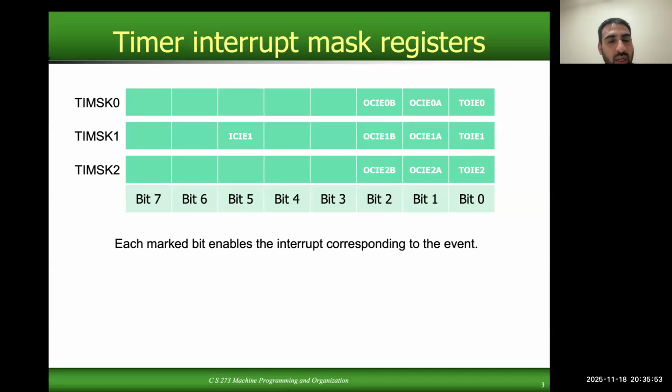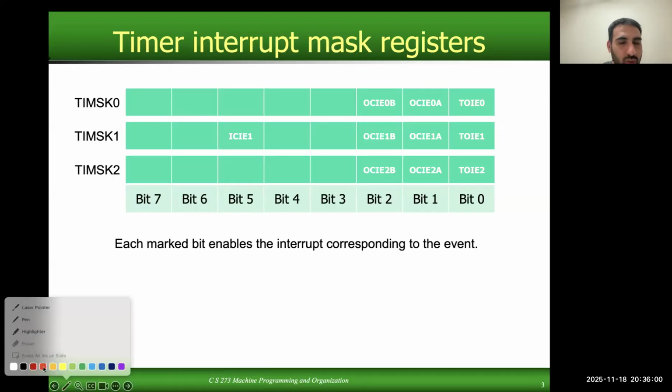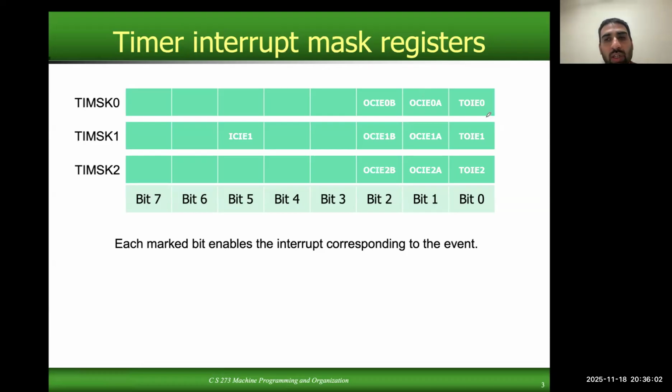So TIMSK0, for example, let me select the pointer. If you look at this register TIMSK0, it has three bits. All other bits are not used. The least three significant bits are used. So this bit at index 0 is timer overflow interrupt enable 0.